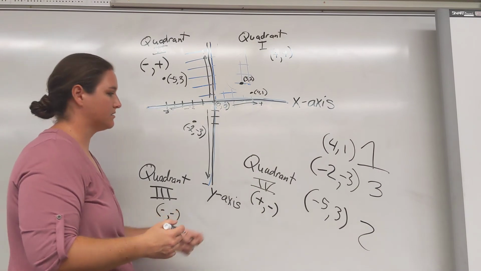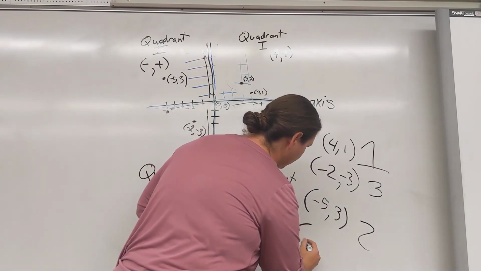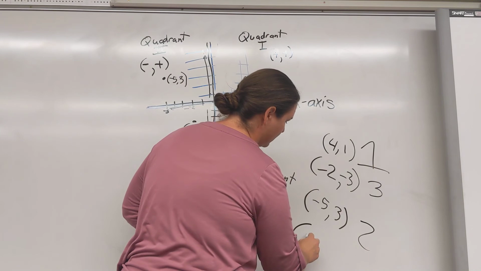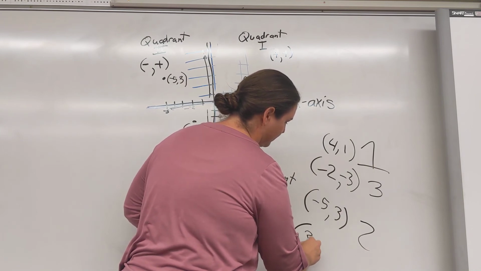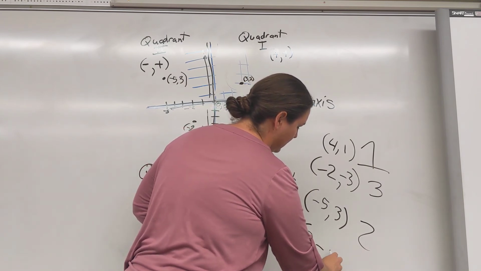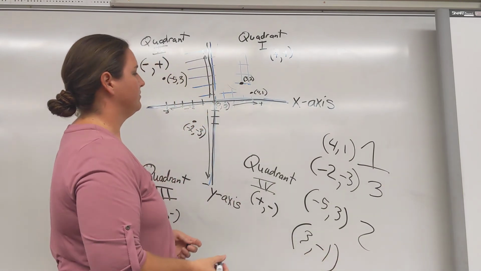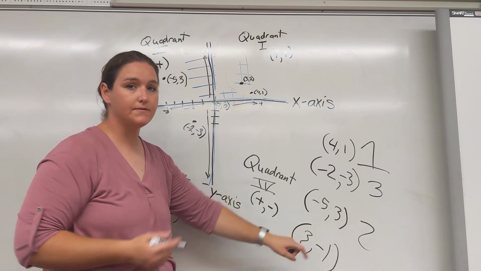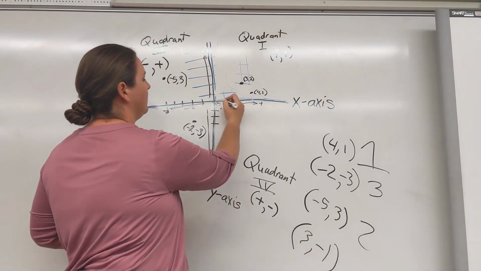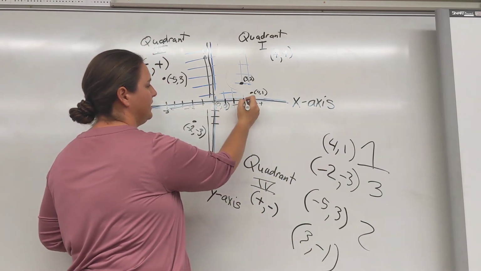Okay, let's do one more. Let's try 3 and a negative 1. So, our first number is positive, so we know we're going to the right. 1, 2, 3.